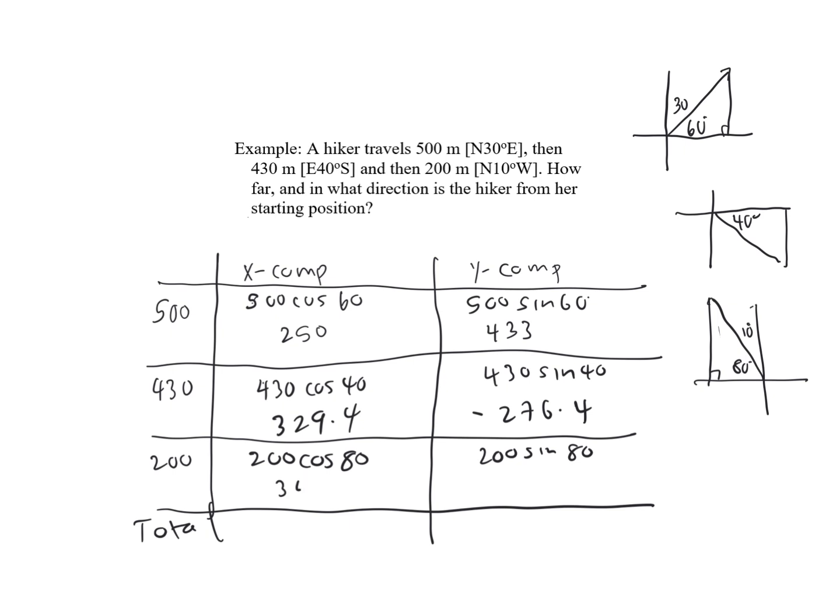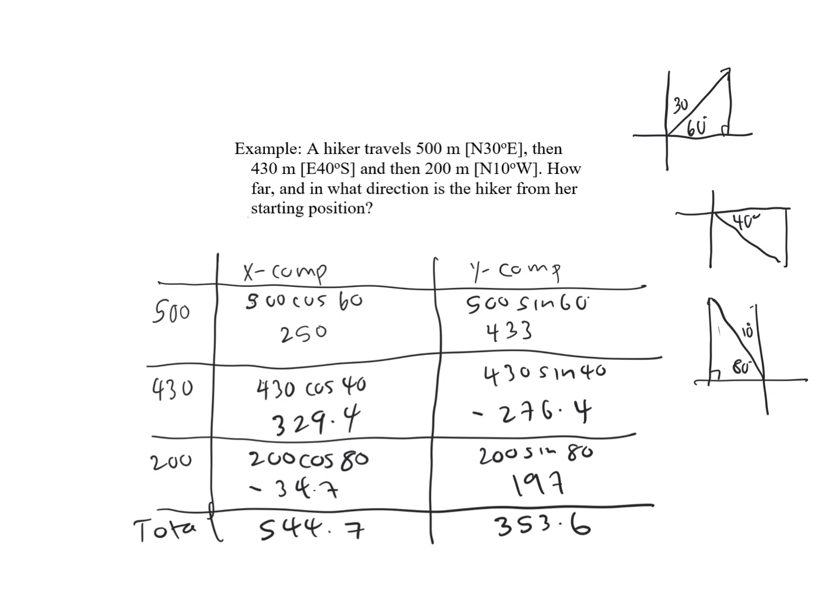And that works out to be 34.7 and 197. We are going left on the x, so that is negative, and up on the y, so that is positive. We'll total that up to get the components of the resultant.